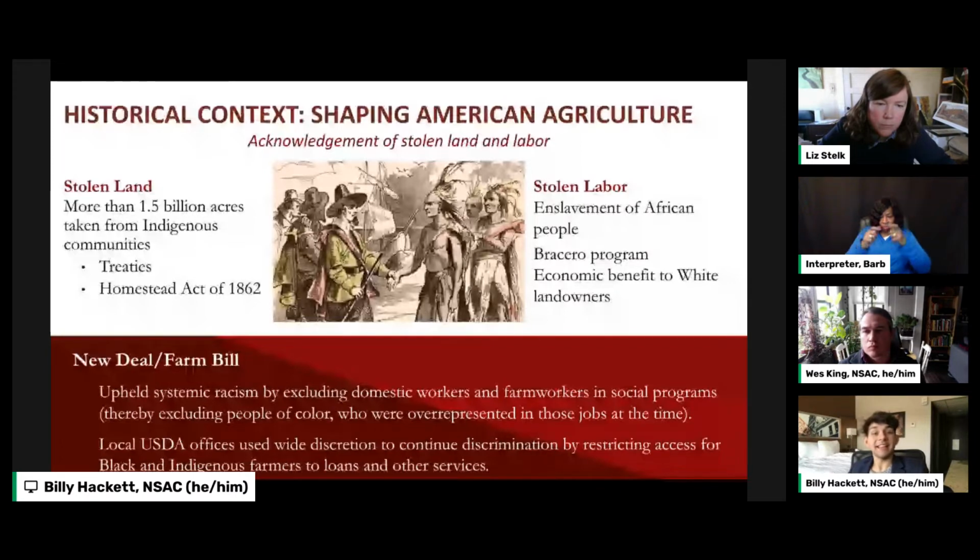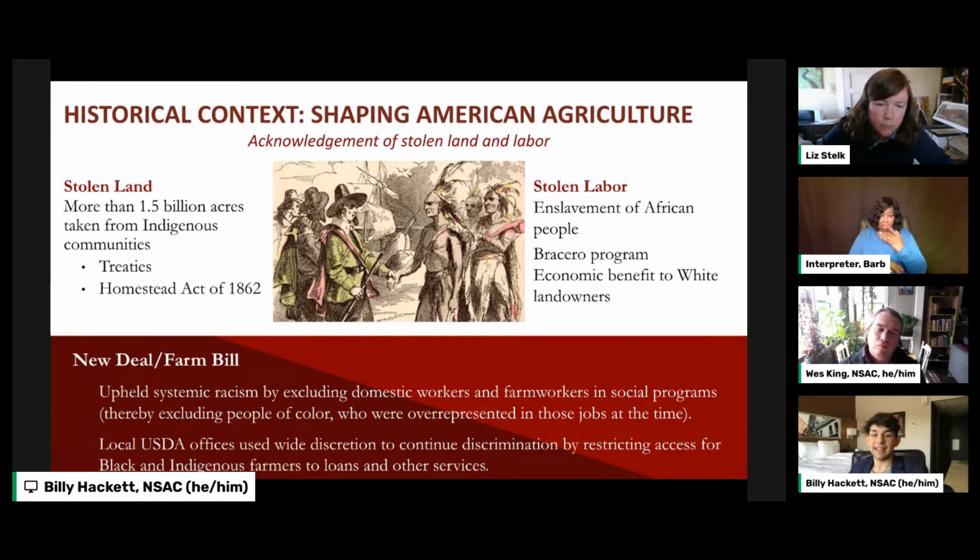And so that legislation as a whole upheld systemic racism in many ways, including by excluding domestic workers and farm workers from social programs, the National Federal Labor Relations Act, which allows those kinds of workers to organize. Again, domestic workers and farm workers were excluded and continue to be excluded from that kind of legislation, as well as federal minimum wage and the like. And these industries were and continue to be predominantly represented by people of color.